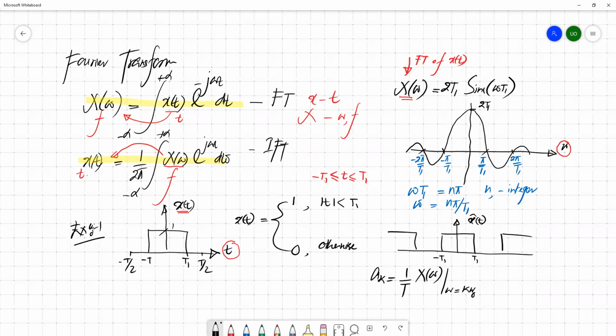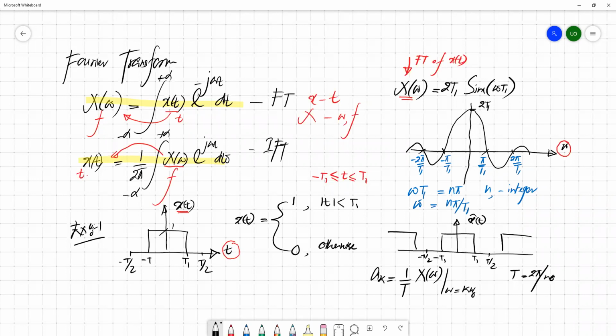Here the period is T, and ω0 is 2π/T. If this x tilde t is a periodic function which is simply derived from x(t), keep in mind it should be derived from x(t).